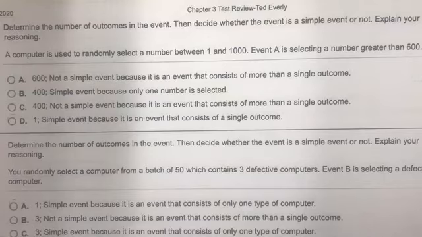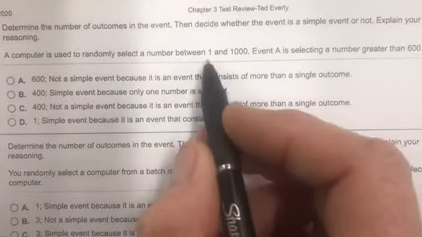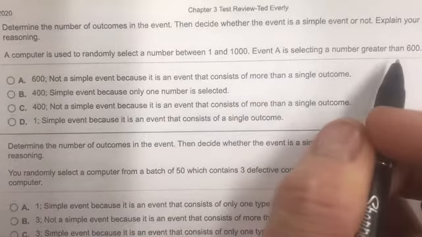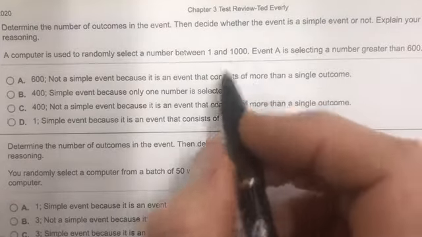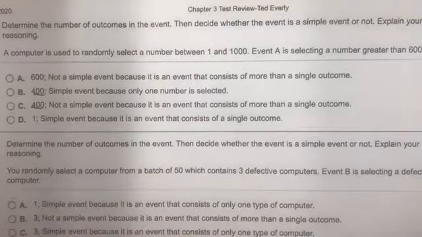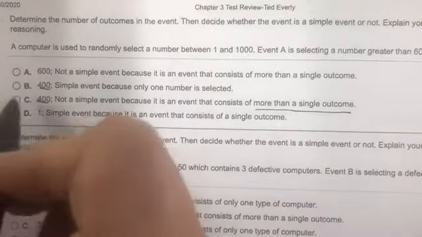Looking at this, we're going to have a number between 1 and 1,000, selecting a number greater than 600. I guess there's 400 of those, so it's going to be B or C. Now, is that simple? Nah, it's not simple because there's more than a single outcome, so it would be C.